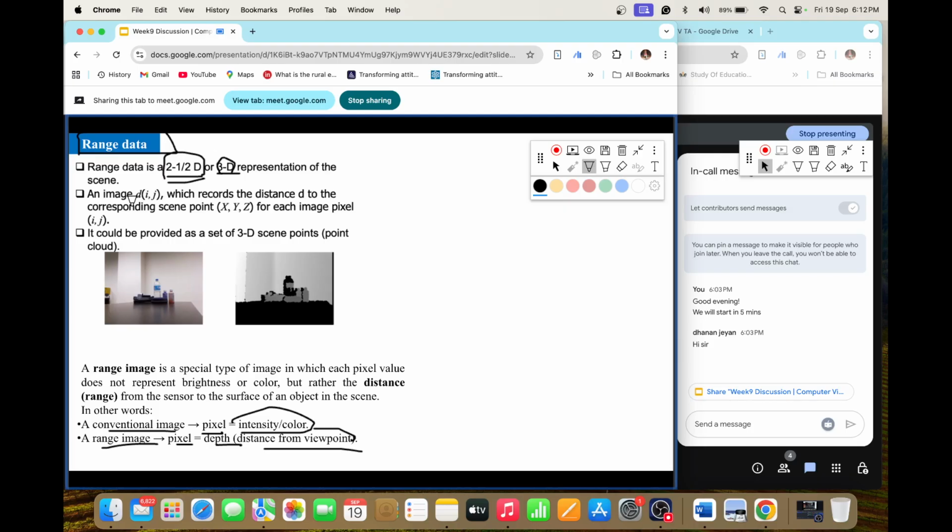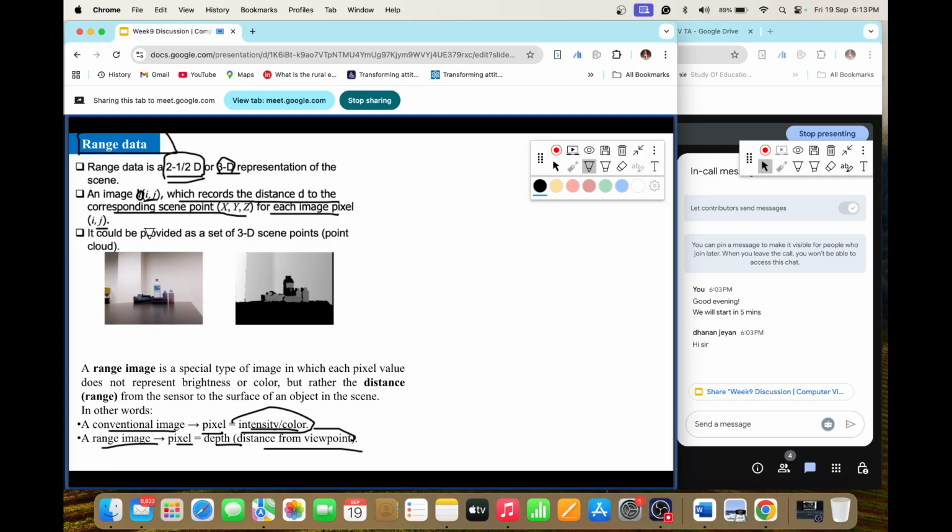So an image Dij records the distance d to the corresponding scene point x, y, z for each image pixel ij. For each pixel ij it only detects the depth, whereas earlier, in a conventional image, each pixel ij only detects the intensity or color values. This is the difference between a conventional image and a range image. And there is another thing known as a 3D image, which has all of x, y, z, where x, y represent the color and z represents the depth.